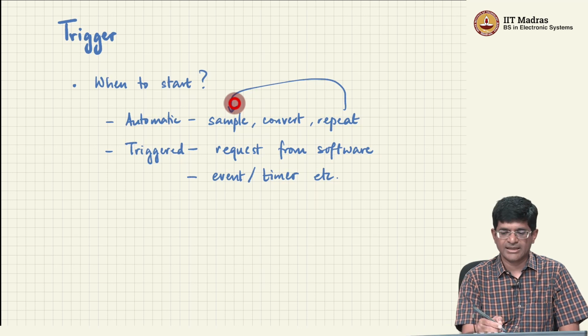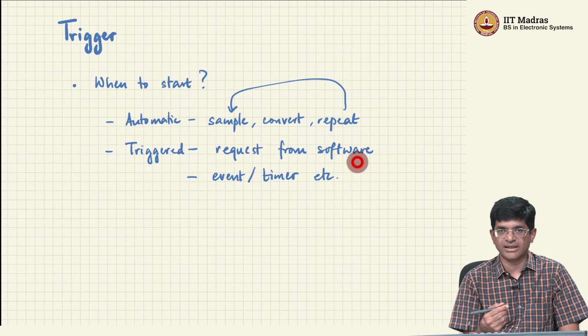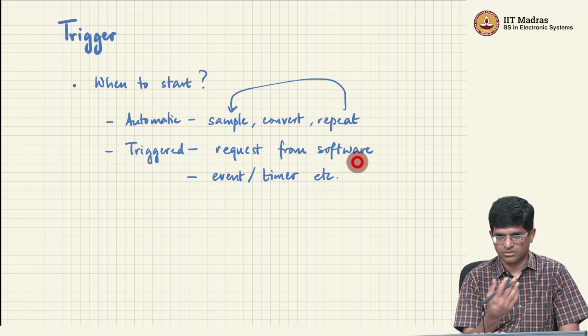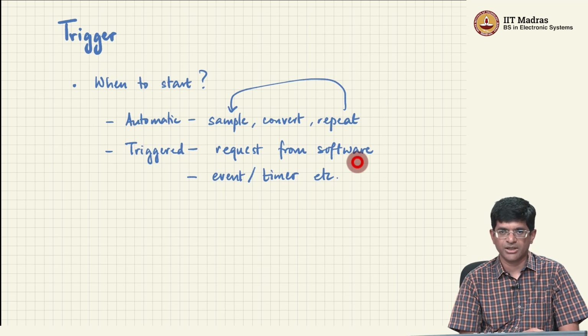On the other hand, like I said, you might have something that is triggered, which could be either an explicit request from software. Every now and then, your software says, hey, read an analog value from here, and the system triggers an analog to digital conversion and gives you back a value.